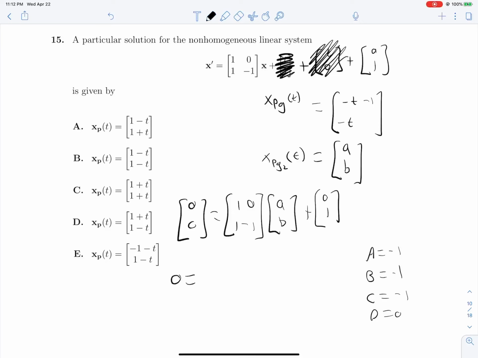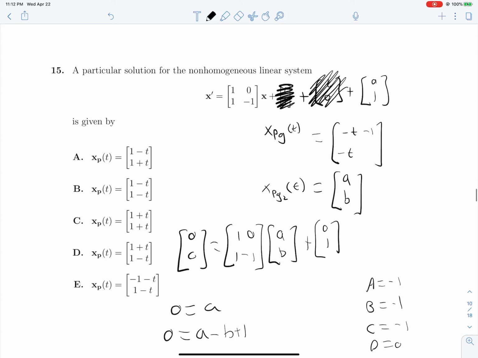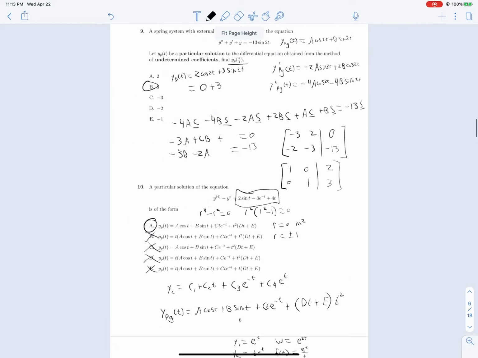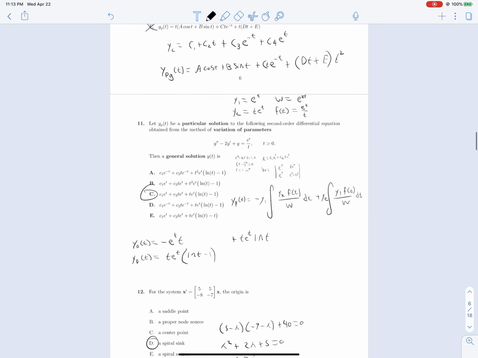So 0 is equal to a, and 0 is equal to a minus b plus 1. As a result, b is equal to 1 and a is equal to 0, so we can add these together and get our x particular, which is given here. And looking around, E should be our answer for 15.